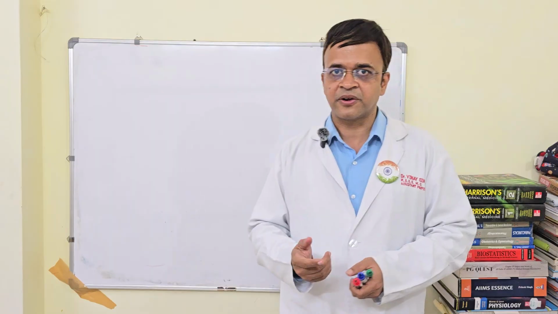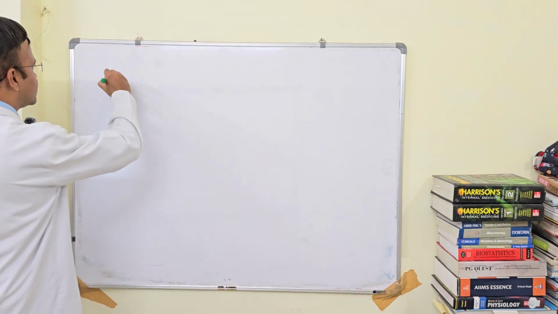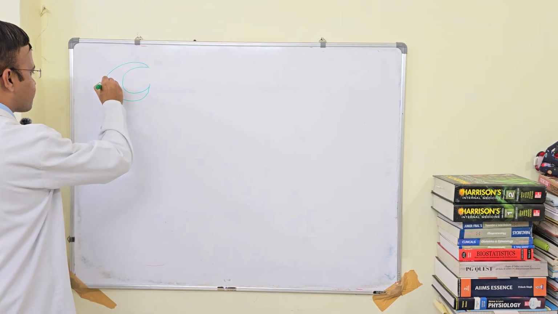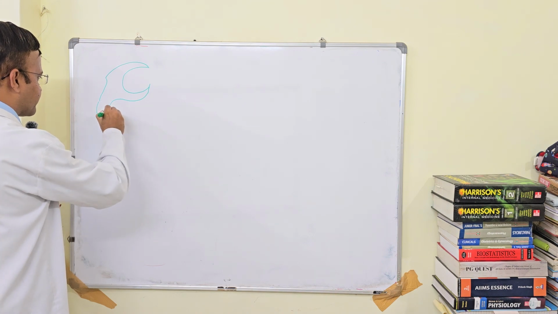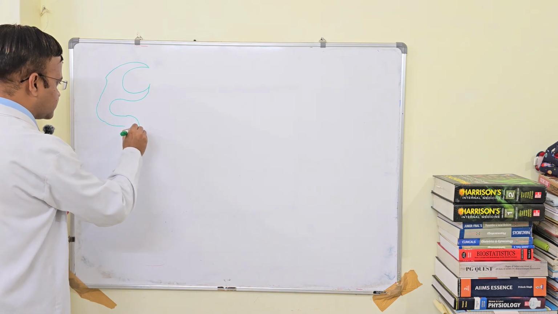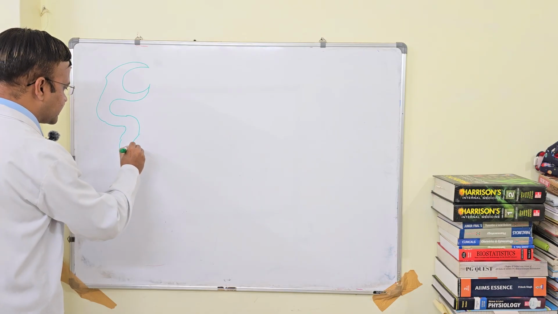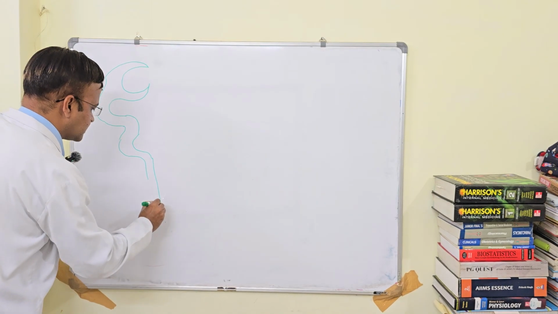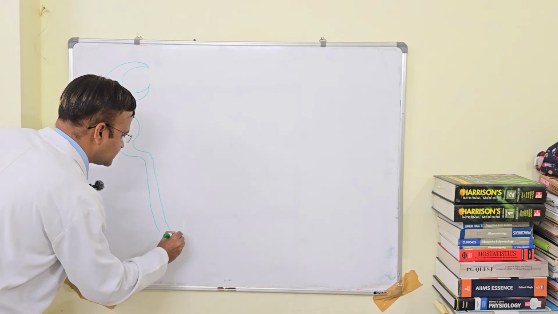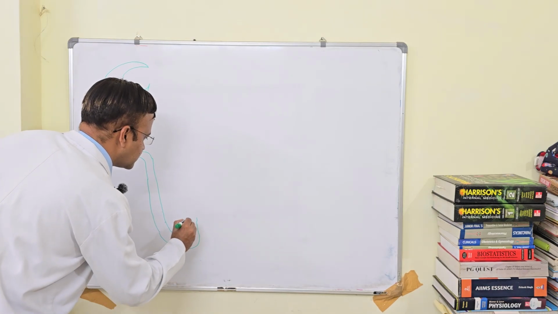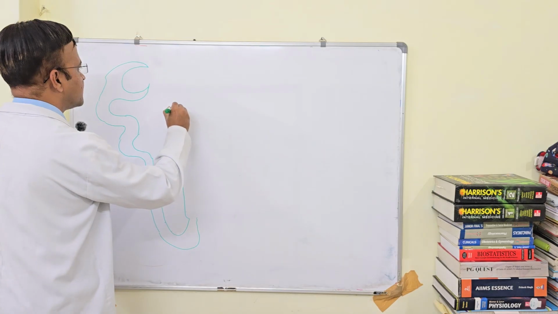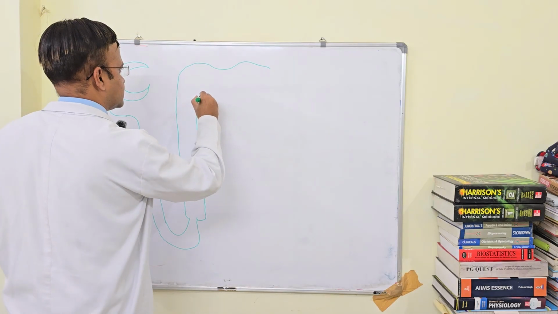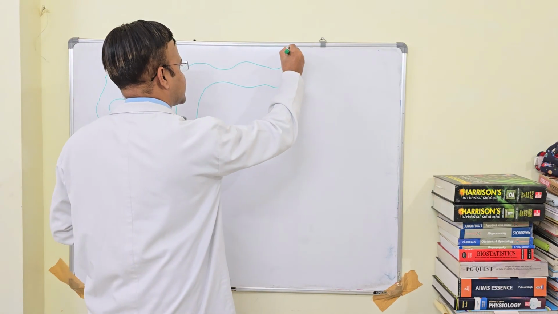So let's first of all draw a nephron, right? Our PCT, then our loop of Henle, our thick ascending limb of loop of Henle, our DCT, our collecting duct.